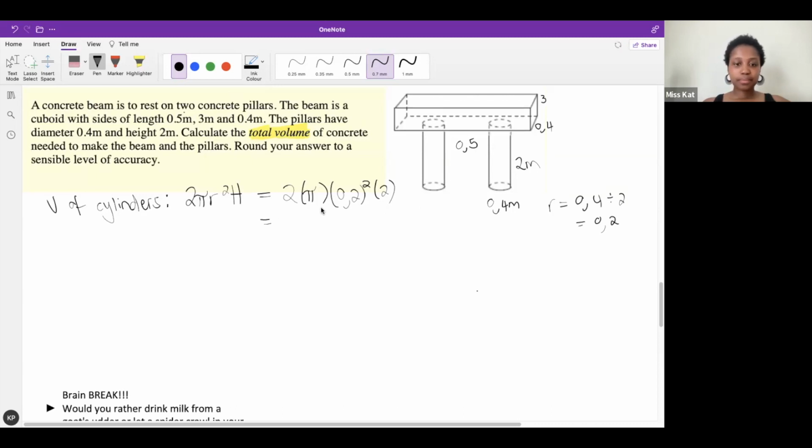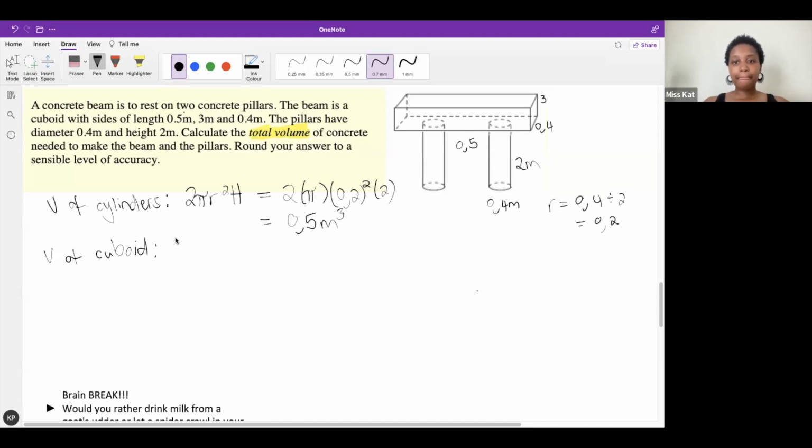I got 0.5 meters cubed. It's 0.502, but 0.5 basically. Okay, meters cubed. Now let's move to the volume of the cuboid.